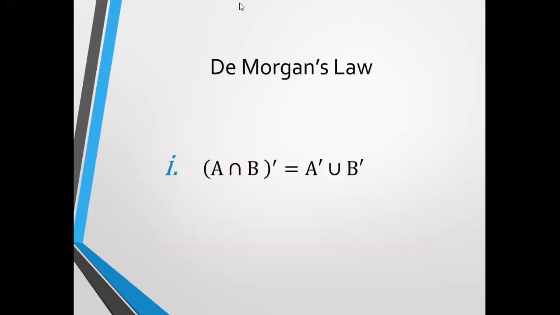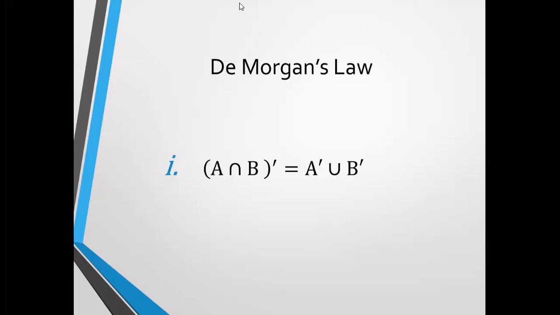Now we are going to learn about two formulae used in probability, defined as De Morgan's law, because these two formulae were found by the scientist De Morgan.